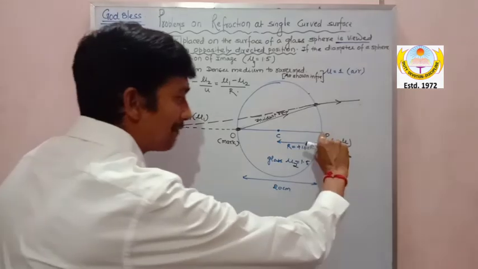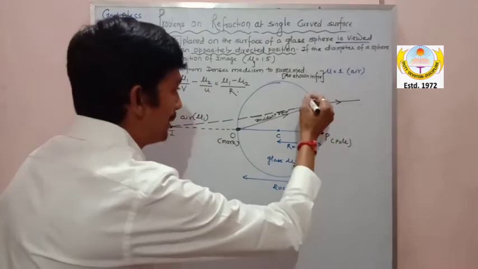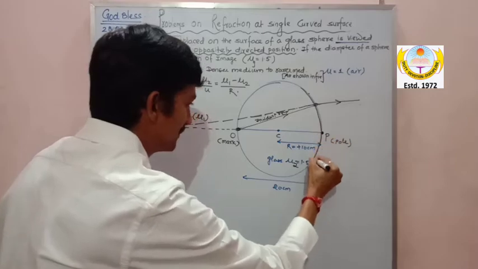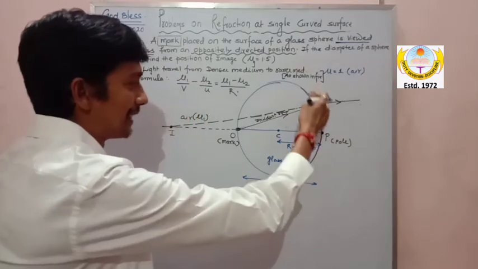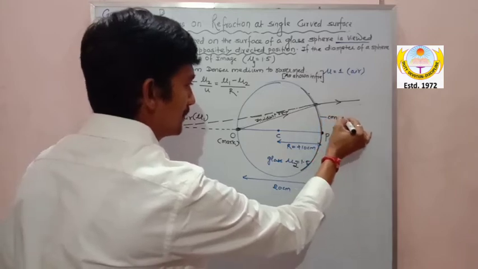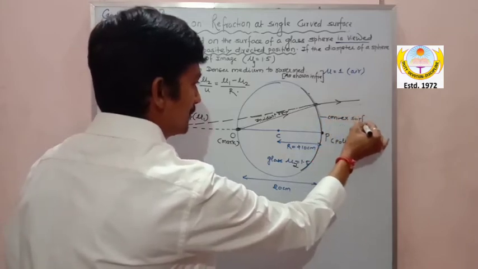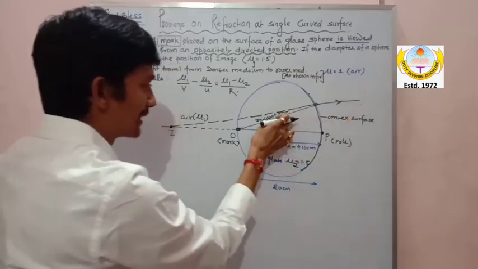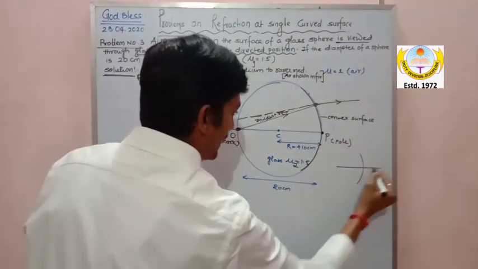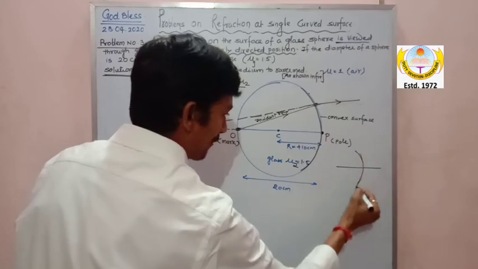So now my dear, if here is the pole, it means this is the surface. Now this is the convex surface. And the object is in the... अगर मैंने ऐसा convex surface बना दिया बेटा, then this is the convex surface.